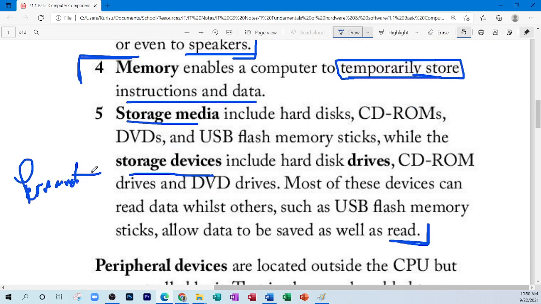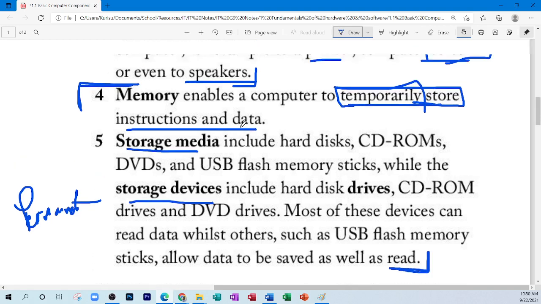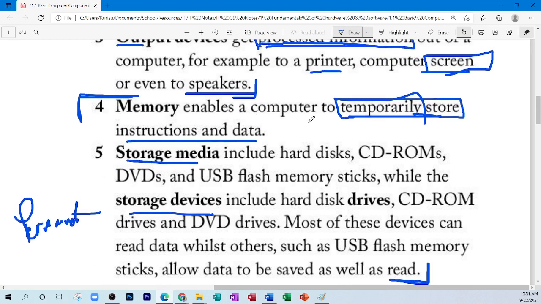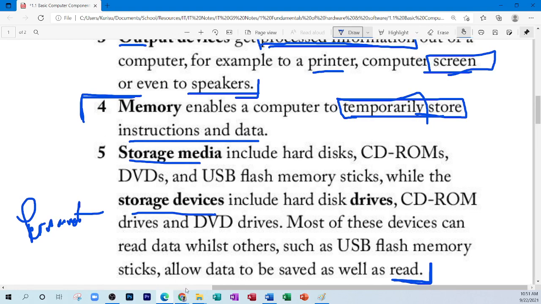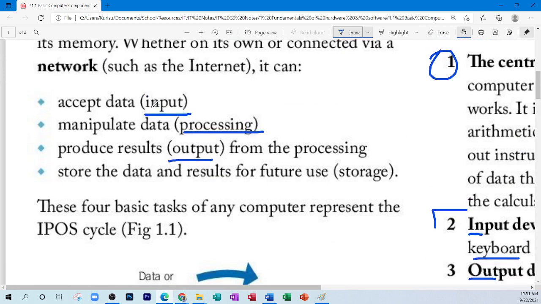You can always come back and get the results later on. So memory is temporary, whereas our storage media is permanent. This memory is what your computer uses to store the instructions that you are going to input.